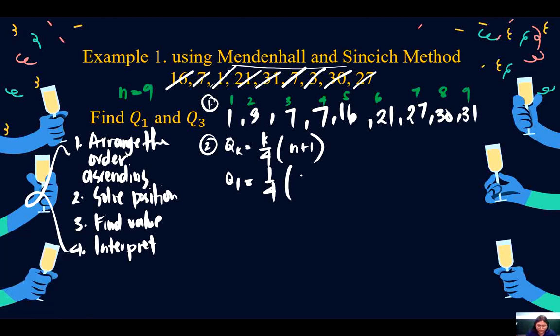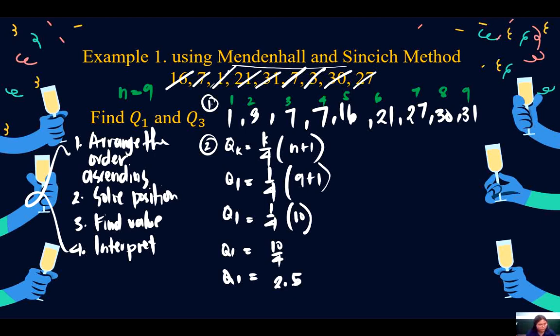Okay, so this is 9 plus 1. Our first quartile is equal to 1/4 quantity 10. Okay, then 1/4 times 10, the answer is 10 over 4 or 2.5. Okay, let's recheck it. Let's encode that in our calculator.